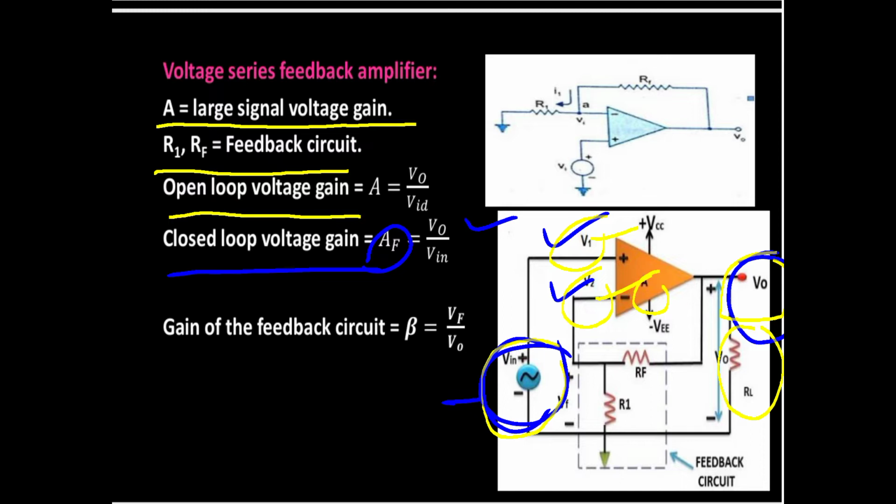Now coming to gain of the feedback circuit. Gain of the feedback circuit we denote as beta. Gain is nothing but output of the feedback circuit by input of the feedback circuit.